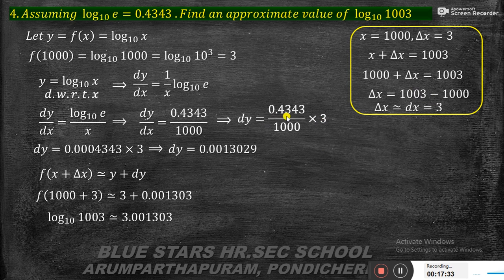So I substitute dx equal to 3, and dy equals 0.4343 by 1000 into 3. Now f of x plus del x is approximately y plus dy, so y equals 3 plus the dy answer, 0.0013029.